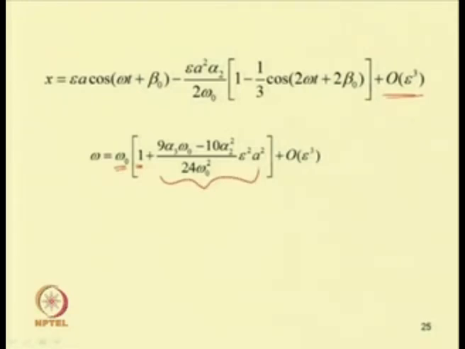So, in our module 2, we have used different methods to find this equation of the system. In the case of systems with quadratic and cubic nonlinearity, let us take some examples and see how this omega is varying with amplitude.